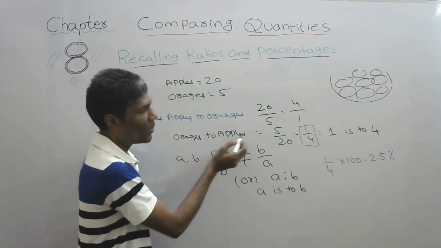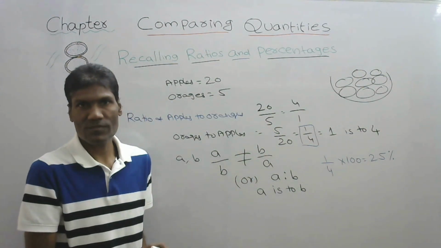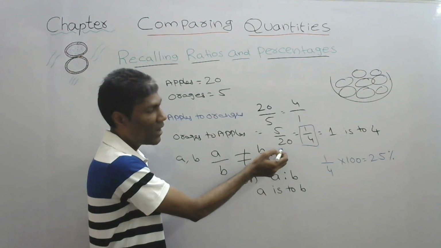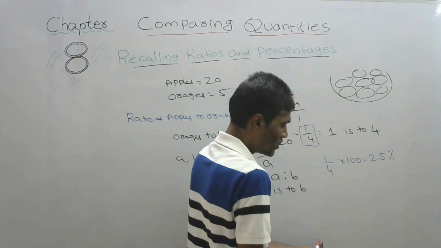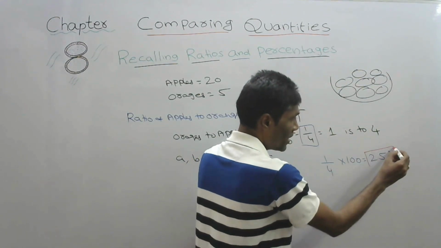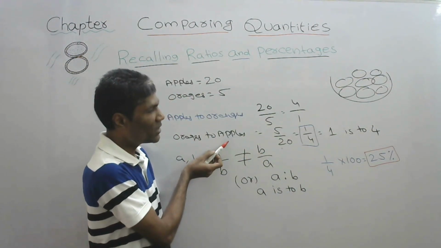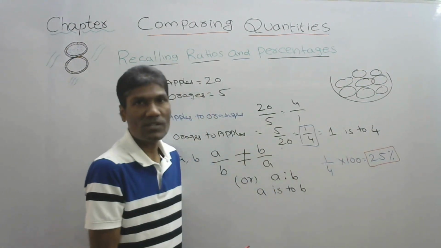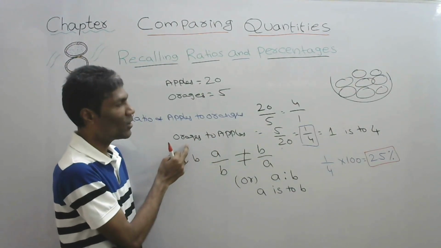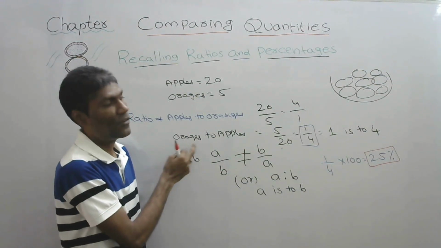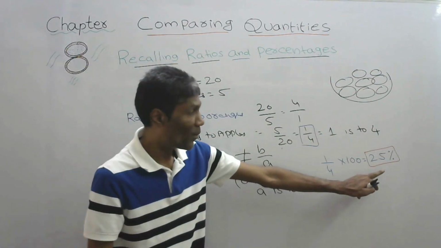Here, oranges to apples, 5 oranges we have, 20 apples we have. When we convert and get the answer as 25%, that means out of apples, oranges are 25%. So, for every 100 apples, there are 25 oranges. For every 100, there is 25. That is the meaning of percent.